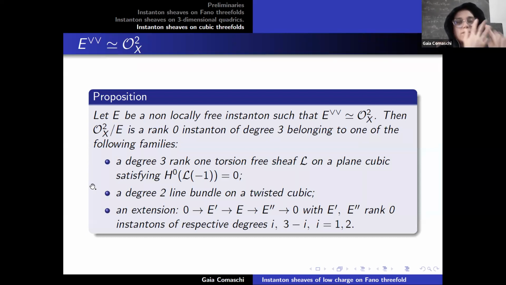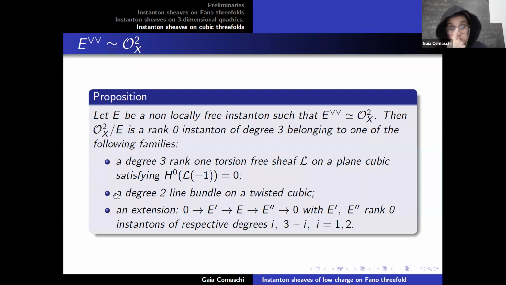So either we have a rank 1 and degree 3 torsion-free sheaf on a plane cubic satisfying this vanishing in cohomology. So let's say if we generally consider a smooth plane cubic, we are just taking line bundles that do not come from collinear points.